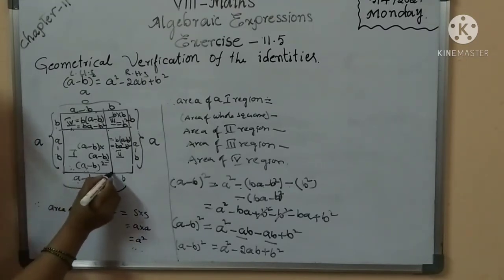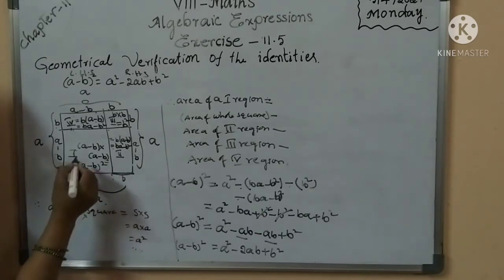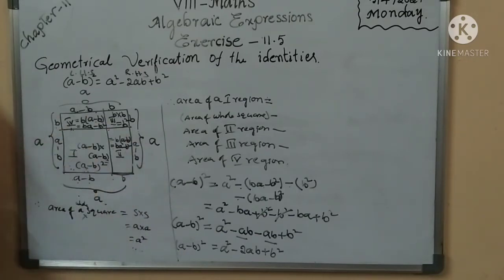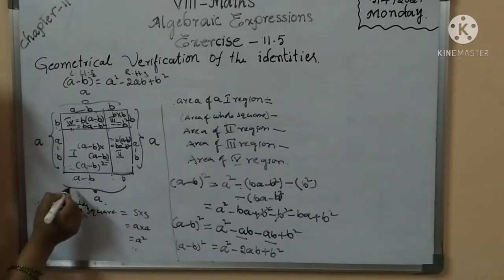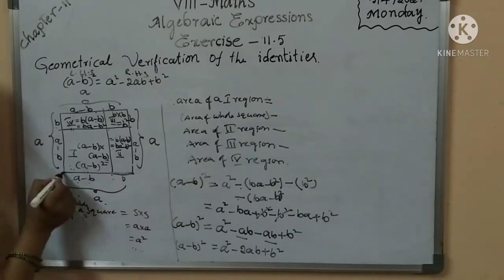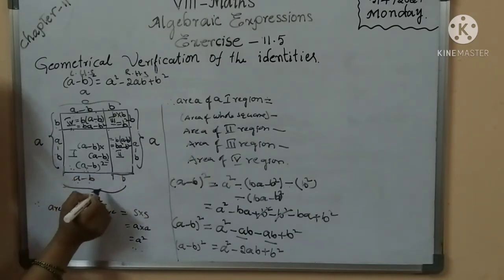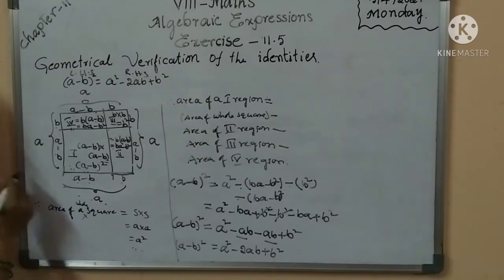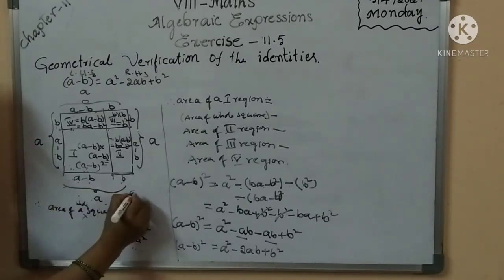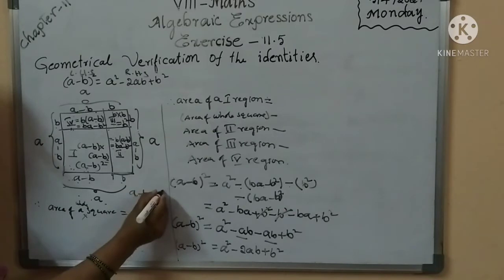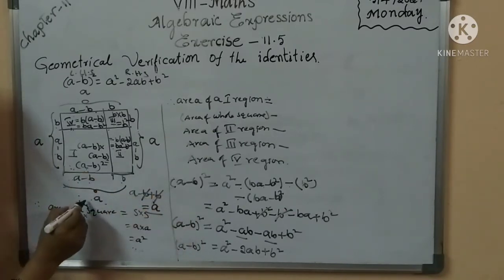Observe that from here to here the distance is b, removing that part of the area of the square. The total distance is a, so from here to here the distance is a minus b. Already we proved the total distance is a minus b plus b; minus b and plus b cancel, so we write here a. A is the total length of the square.